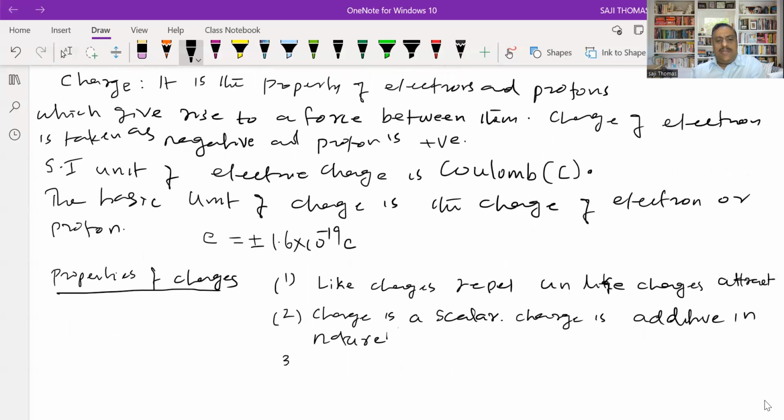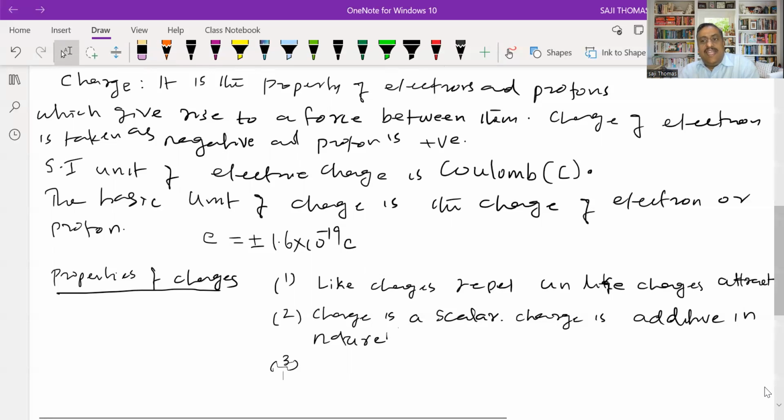Then third property, charge is conserved. Total charge on an object is constant. We cannot create or destroy charges, but charges can be transferred from one object to another. If an object loses electrons, it becomes positively charged. No new charge is created there. Electrons are transferred to some other object.